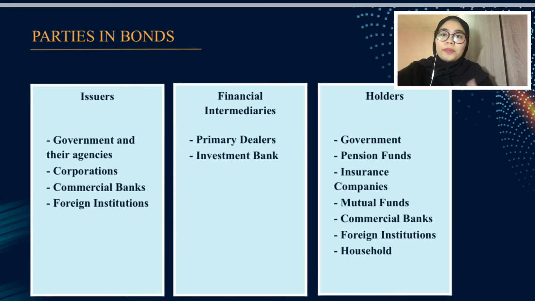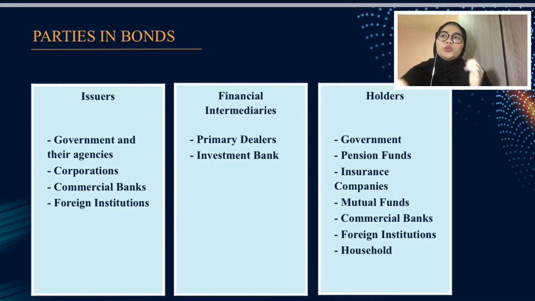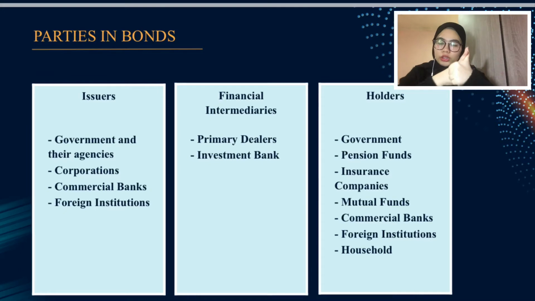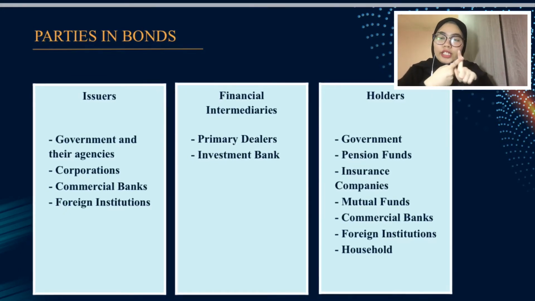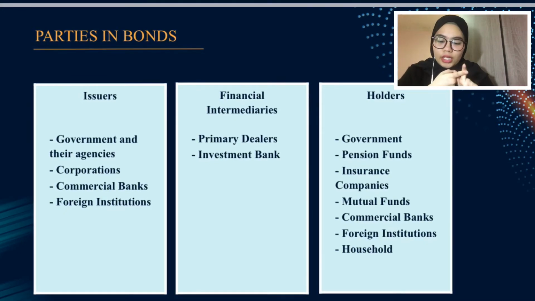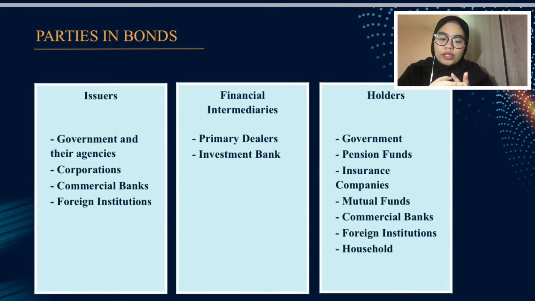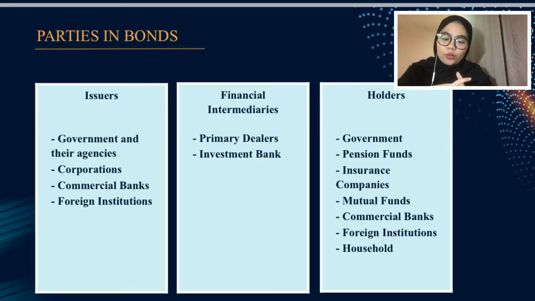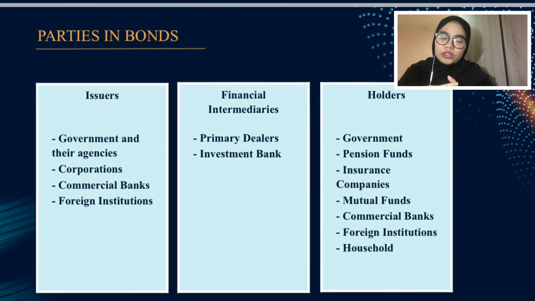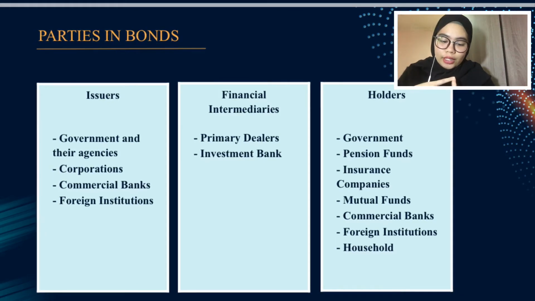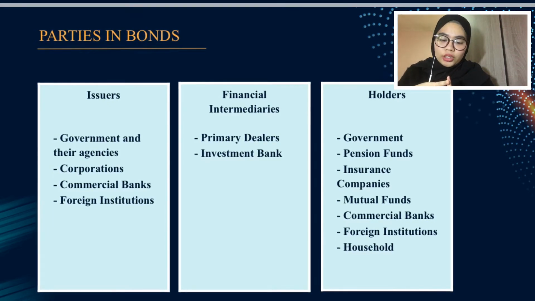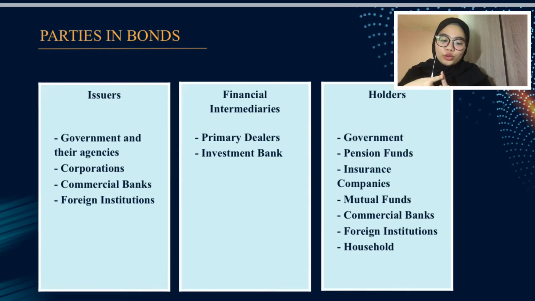There are three parties involved in bonds: first, the issuer, second, the financial intermediaries, and third, the holder. The issuers, who issue the bond, are the government and their agencies, corporations, commercial banks, and foreign institutions.